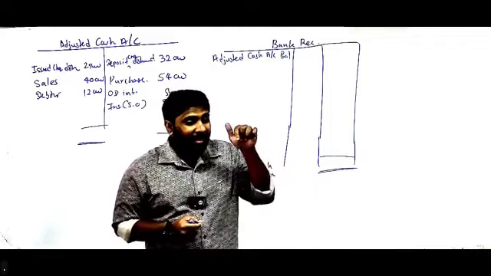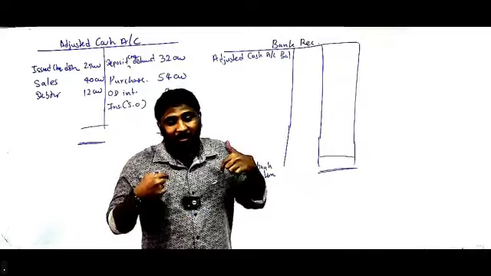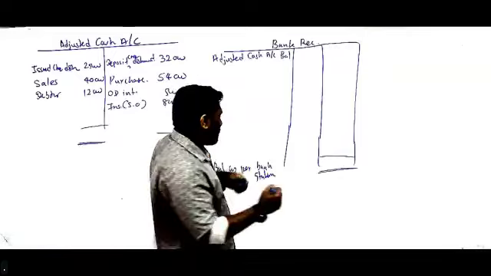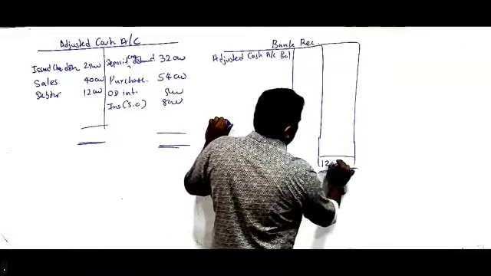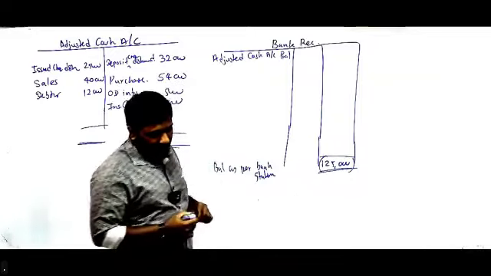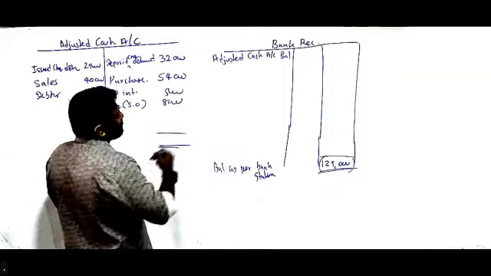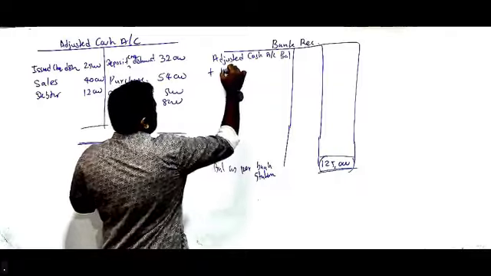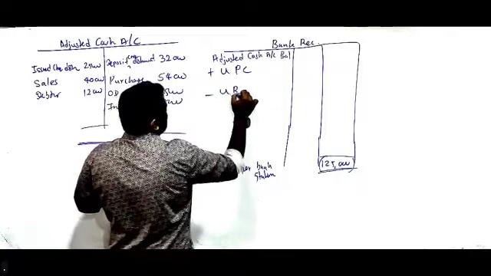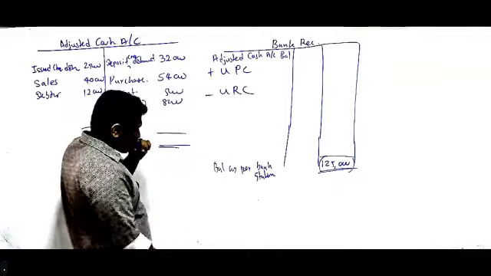A debit in the bank statement means a negative balance for us. So here 125,000 is a negative balance. So plus the unpresented checks, minus the unrealized checks.